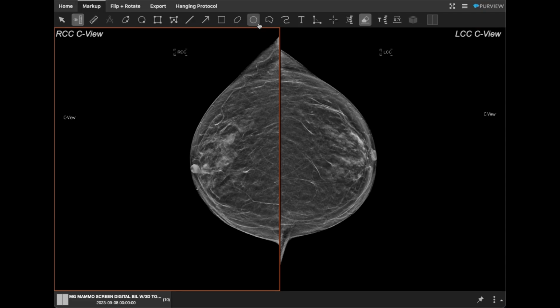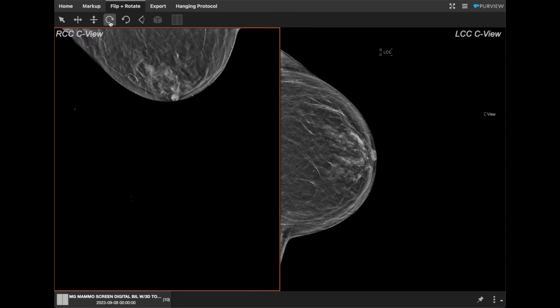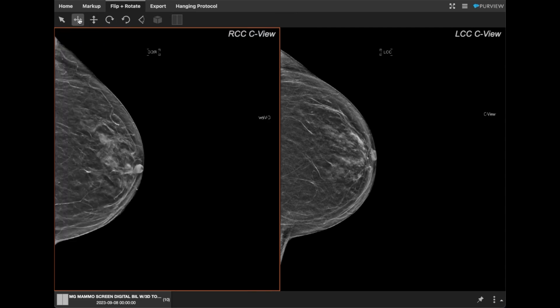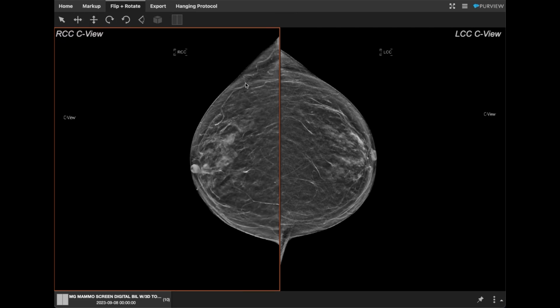The Markup tab has more detailed graphical annotation tools. Occasionally, some of the cases will have a flipped or inverted image. Just go up here to flip or rotate and click the rotate button or the invert button accordingly.